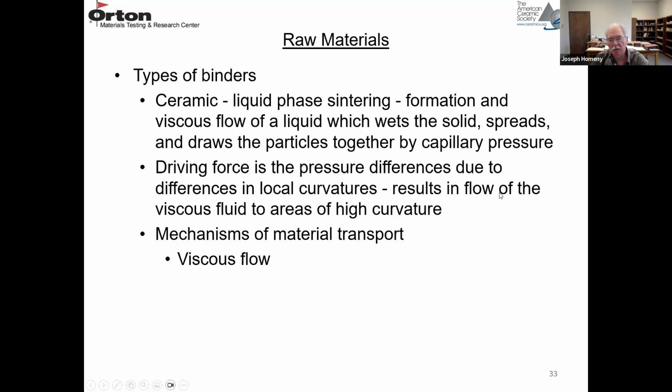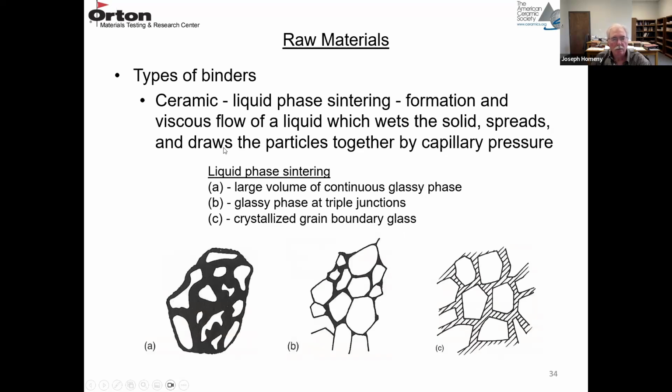That's going to move material into the high curvature areas, which are these neck regions. So the mechanism of transport here is simply by viscous flow. Again, in liquid phase sintering, you form a viscous liquid, it flows, wets the solid, and then draws the particles together by capillary pressure.